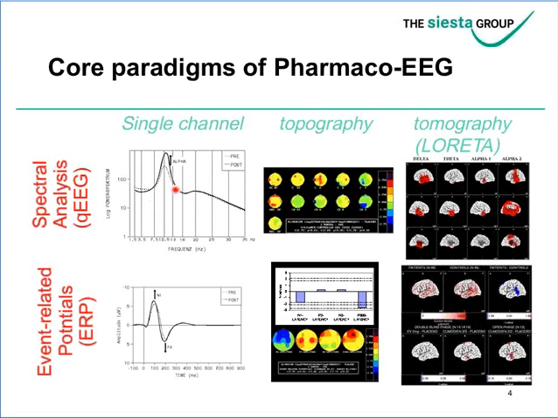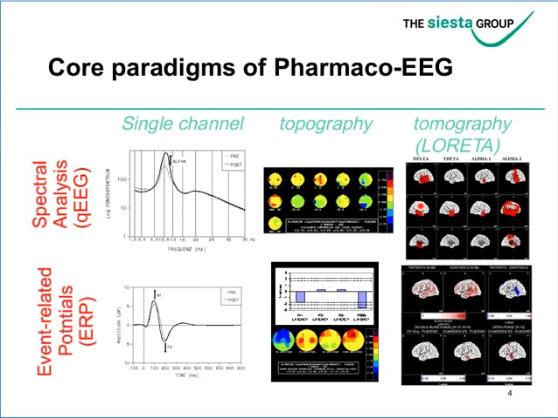One can not only do this with single channels. Remember, we have typically at least 19 such leads or more. So the next step would be to depict a topography, which is a visualization of the activity or the spectral content of the leads as distributed over the scalp.